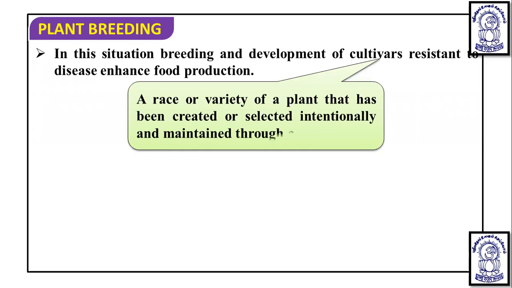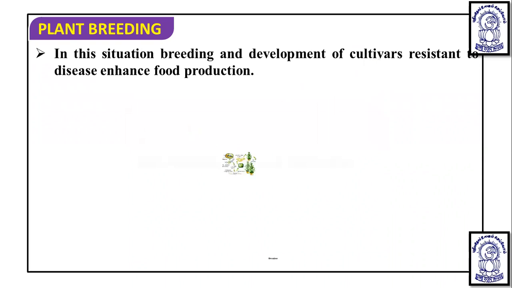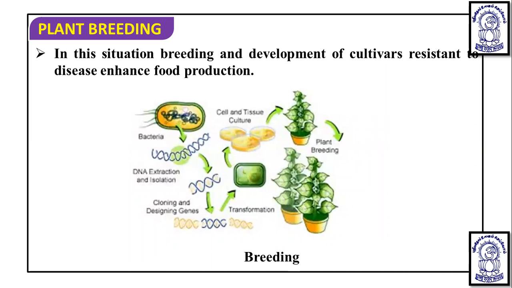A race or variety of plant that has been created or selected intentionally and maintained through cultivation is a cultivar. Cultivar is what? A race or variety or a new plant that has been created and selected intentionally and maintained through regular cultivation. So breeding is done like this.